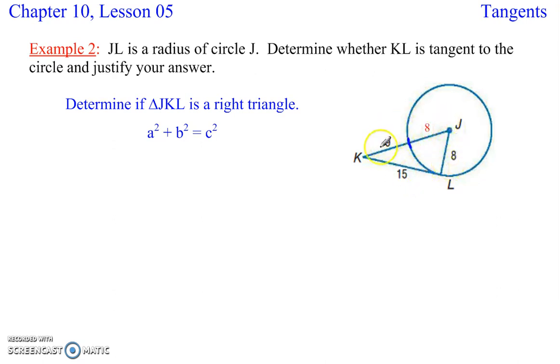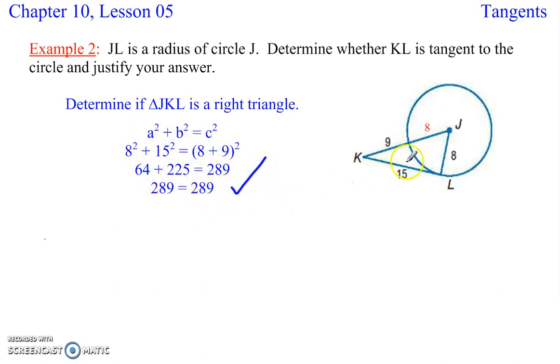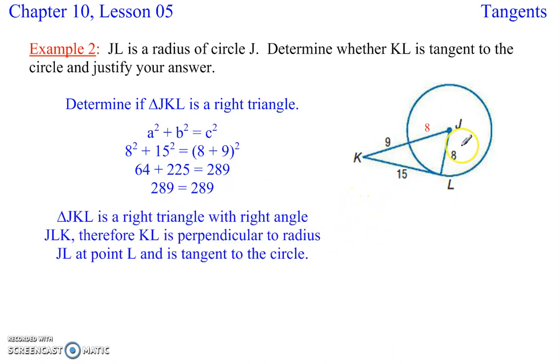Okay, and now we want to see that A squared plus B squared equals C squared, and C is 9 plus 8, so 17 squared. So we got 64 plus 225 is 289. And those do equal. So this is a right triangle, which means this is a right angle. And so KL is tangent to the circle.